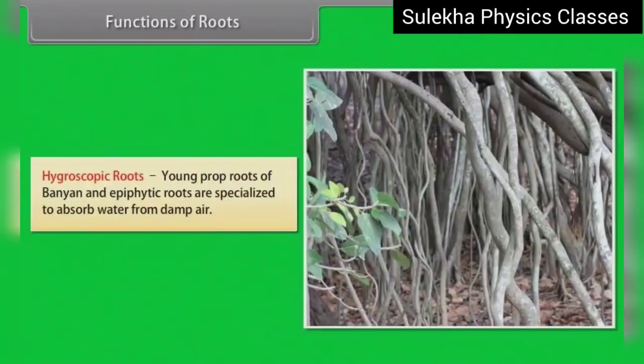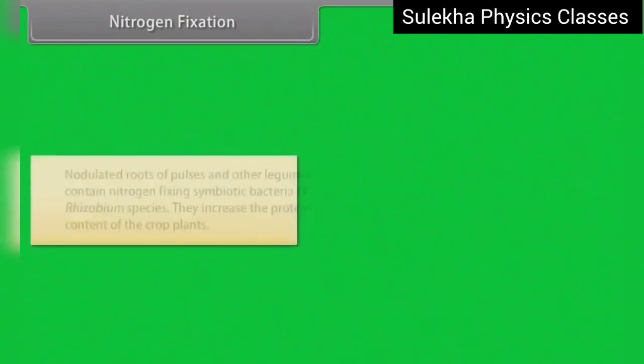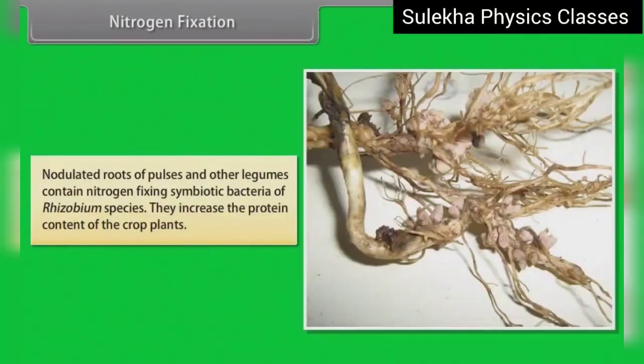Hygroscopic roots: young prop roots of banyan and epiphytic roots are specialized to absorb water from damp air. Nitrogen fixation: nodulated roots of pulses and other legumes contain nitrogen-fixing symbiotic bacteria of Rhizobium species. They increase the protein content of the crop plants.